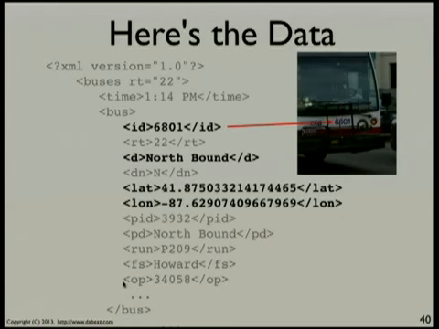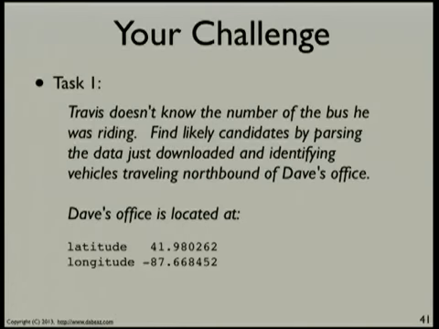I don't know whether the bus union knows about that, but it's operator IDs. If you were so inclined, you could query the transit system and do statistics on who drives really fast based on GPS coordinates and all sorts of stuff. So a lot of interesting data in there.